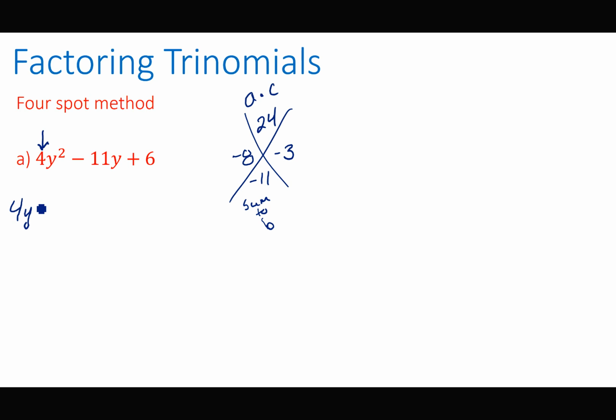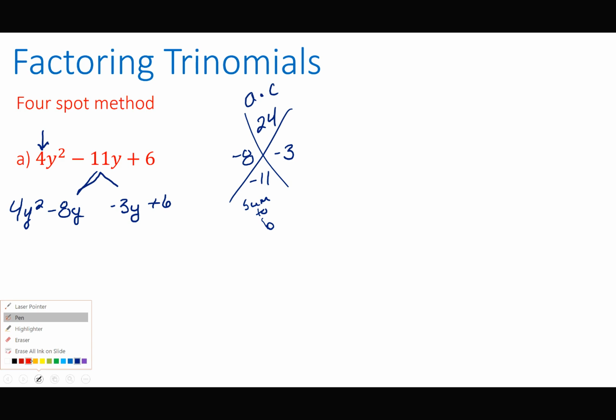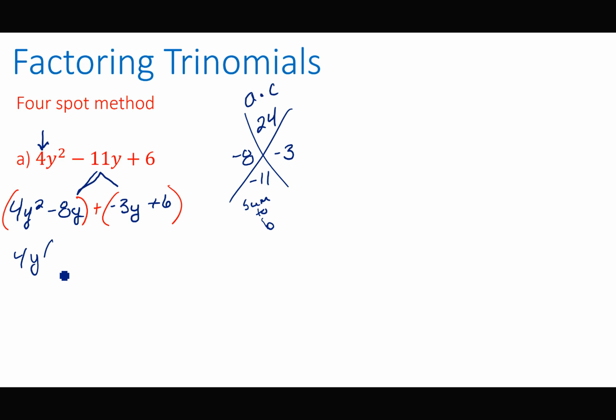So this would be 4y squared minus 8y minus 3y plus 6. This negative 11y got split up to be a negative 8y and a negative 3y. Now we can do our groupings. And I'm going to separate these groupings with addition, so that negative is going to go right with that 3. Factor out, I could factor out 4y from this one.